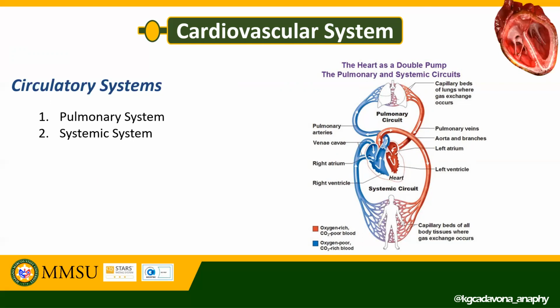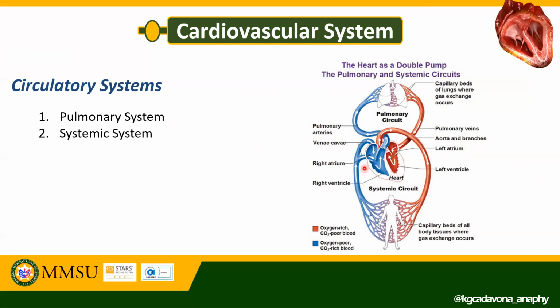Pag systemic circulation naman, it distributes oxygenated blood throughout the body of the animal. So the blood is being pumped out from the left ventricle into the aorta and then into smaller na systemic na arteries.